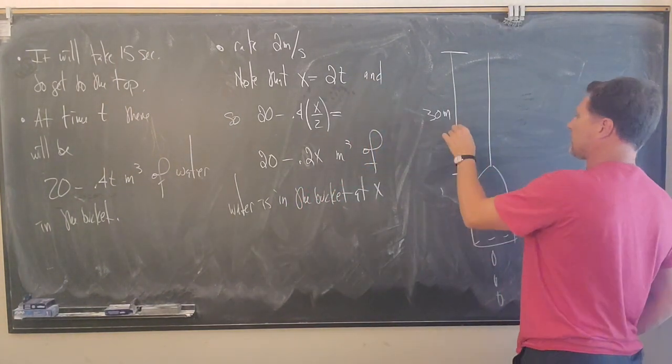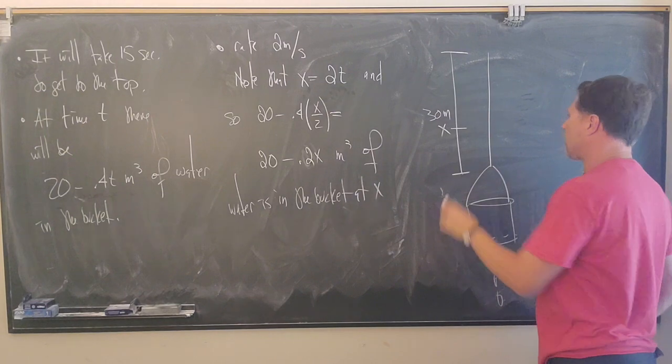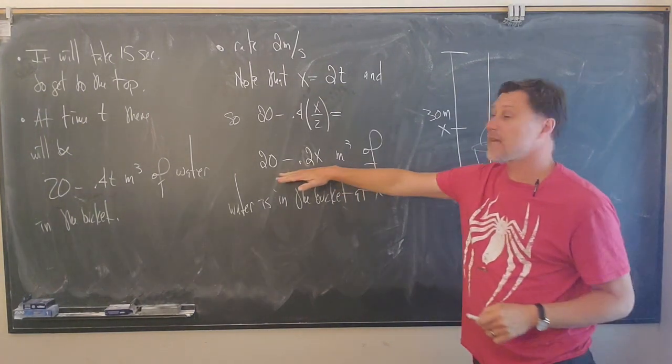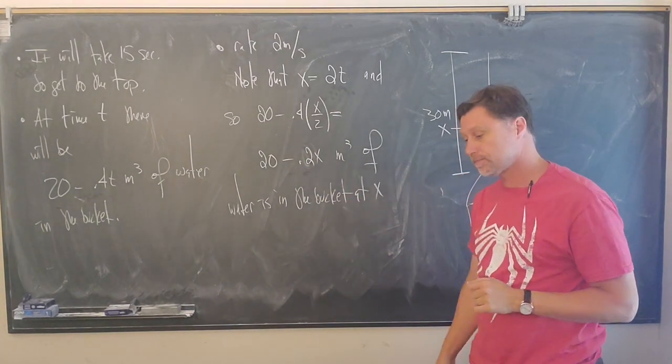So on our scale here, when the bucket gets to that spot right there, this formula tells us how much water is in the bucket.